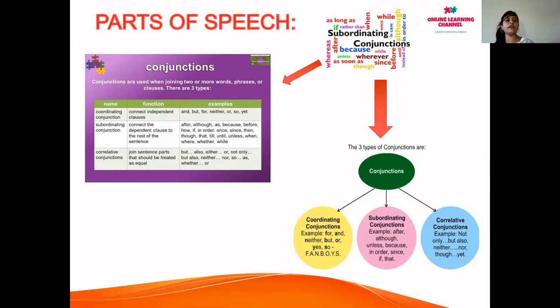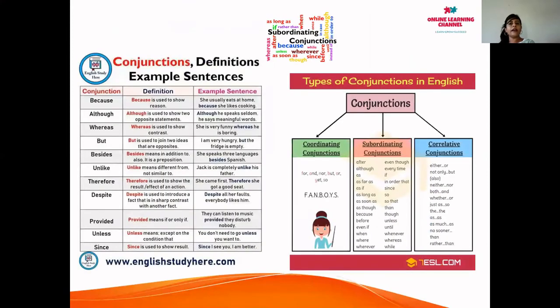And the last one is the correlative conjunction, which joins parts that should be treated as equal. Examples: both, and, either, or, not only, but also, neither, nor, and so on. Right, I've helped you with more definitions and examples of conjunctions, which you can go over on your own.